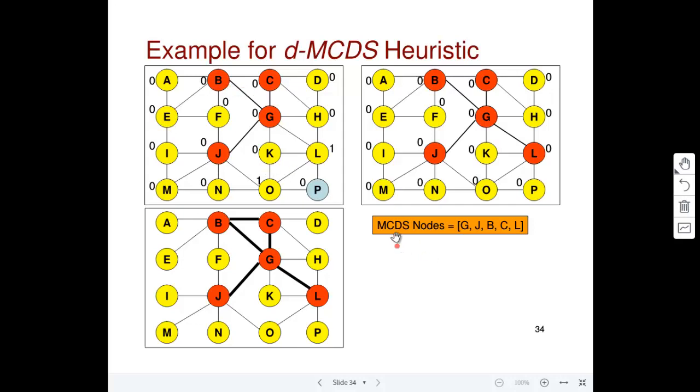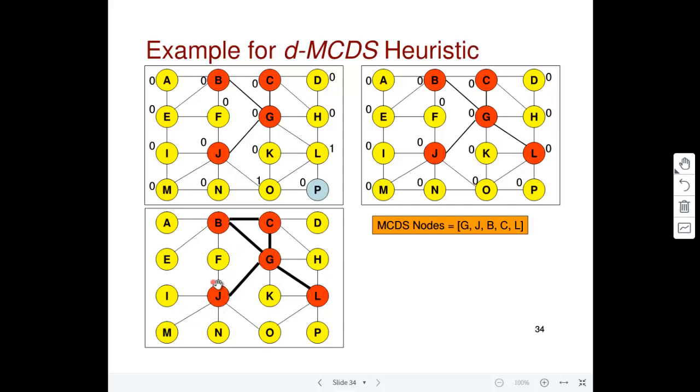But we call this dominating set a connected dominating set because among these 5 vertices B, C, G, J, L, they are reachable to each other through the edges. Either they are directly connected to each other.